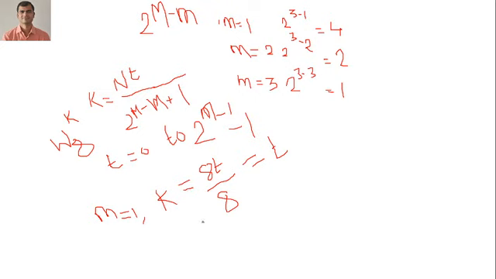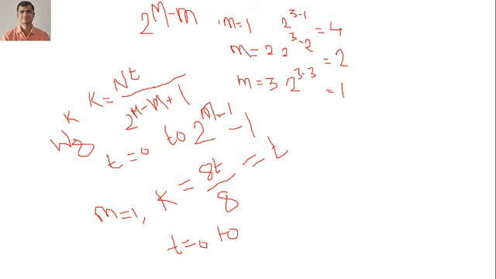Now we have to find the range of t. The range of t is valid from 0 to 2 raised to m minus 1 minus 1. What is the value of m here?